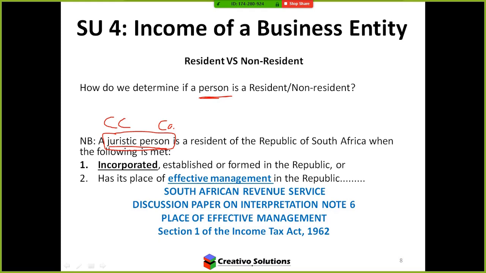So what defines residency based on this? Company and CC. Well, the legislation talks about incorporation. Was the company incorporated in South Africa or not? Incorporated, do you know what that means?